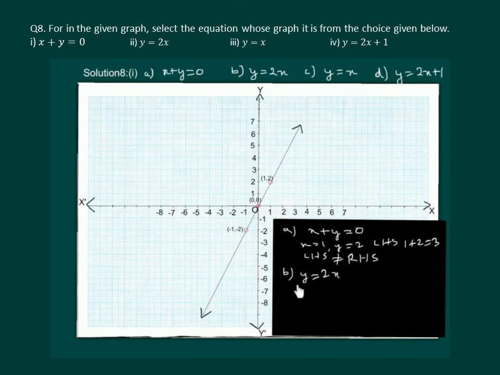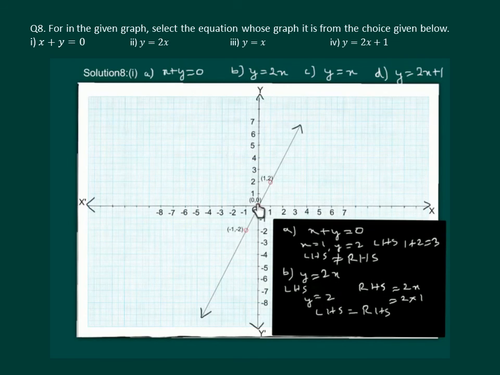Our left hand side will be equal to y, which is 2, and the right hand side is 2x, which is equal to 2 into 1. Left hand side is equal to right hand side. That means for point (1, 2), the equation y is equal to 2x is satisfied.